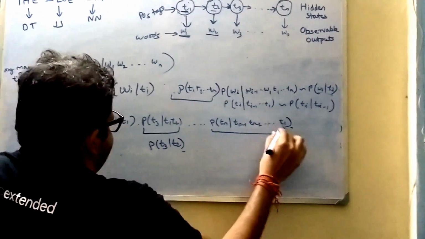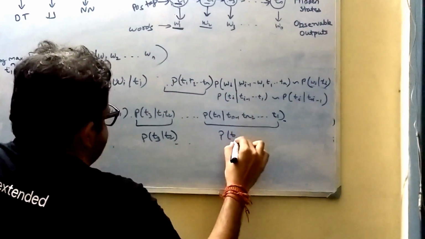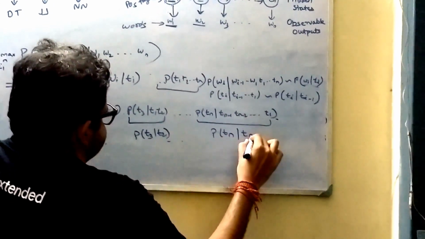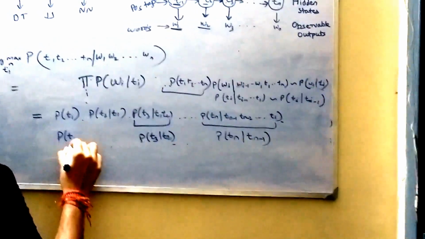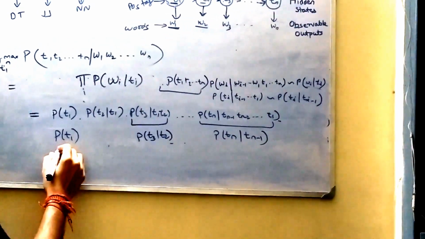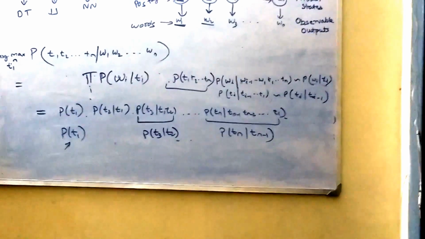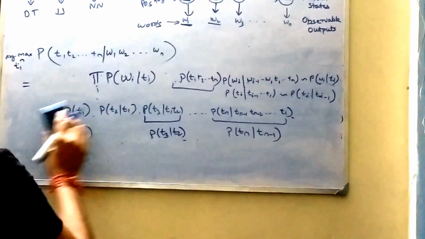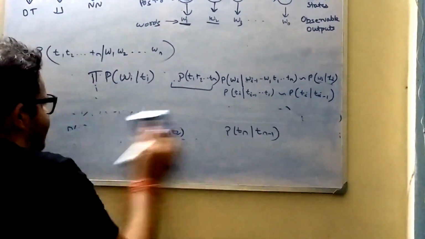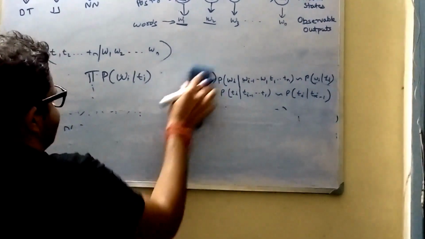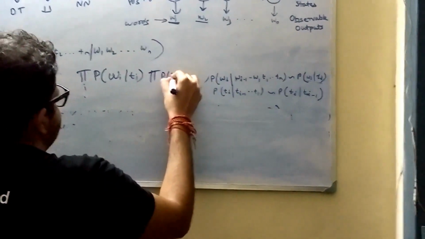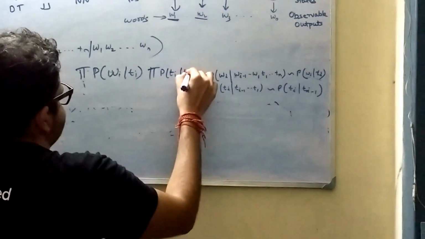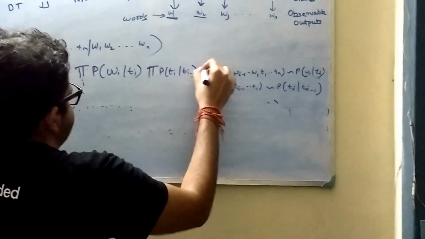Similarly, this can be approximated as P of tn given tn minus 1. And P of t1 is nothing but the probability that our system starts with t1. So we replace this in our original set of equations. So this turns out to be nothing but product of probability of ti given ti minus 1 times probability of t1.